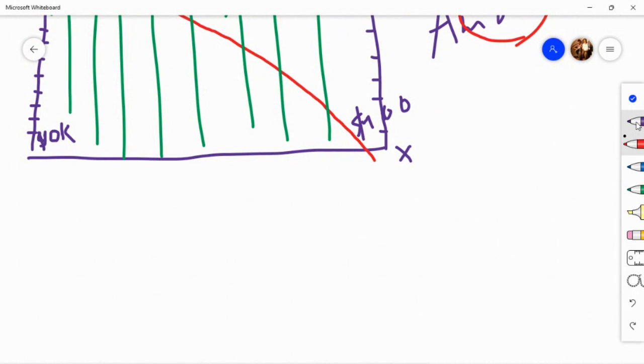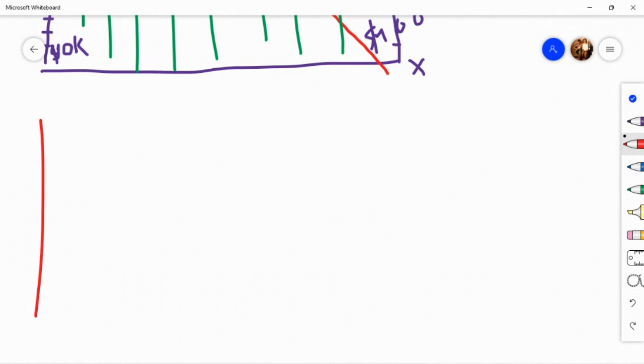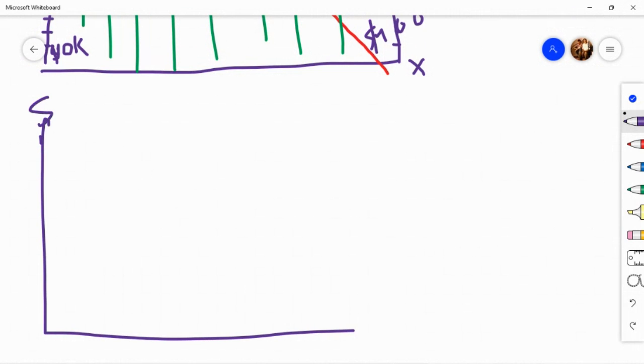You have 3 different patterns of growth. For example, this is dollar amount, this is time.